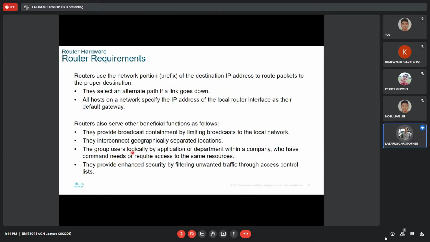They can also separate the LAN based on application or department, so logical separation of the network. They also filter, because we can do ACL, so we can filter unwanted traffic. So they provide security in that sense. These are other features apart from the forwarding decision that are available on the router.